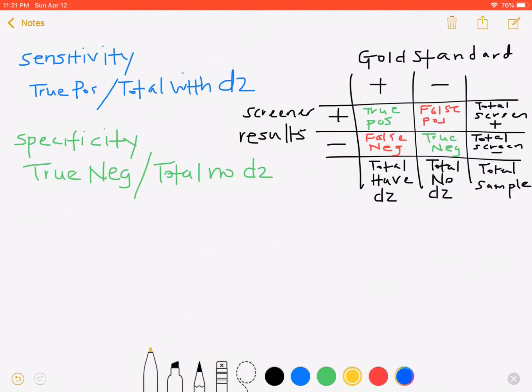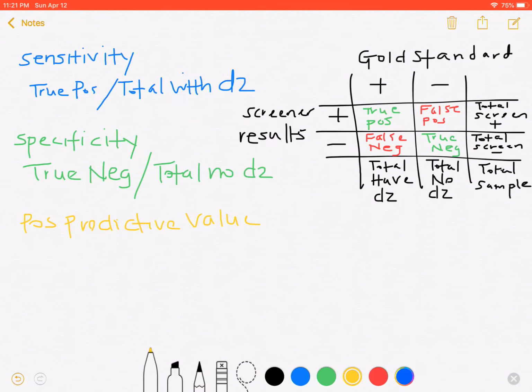The next statistic we want to know is called our positive predictive value. It's also known as predictive value positive. Both of them are the same, they're interchangeable.